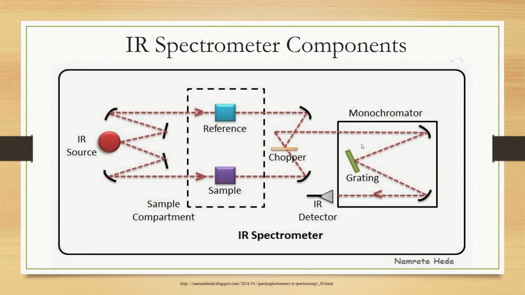It is used to select the wavelength, so it acts as a monochromator. From the grating the radiation will then enter the IR detector. So the basic components of a dispersive IR spectrometer are the source of radiation, monochromator and detector.